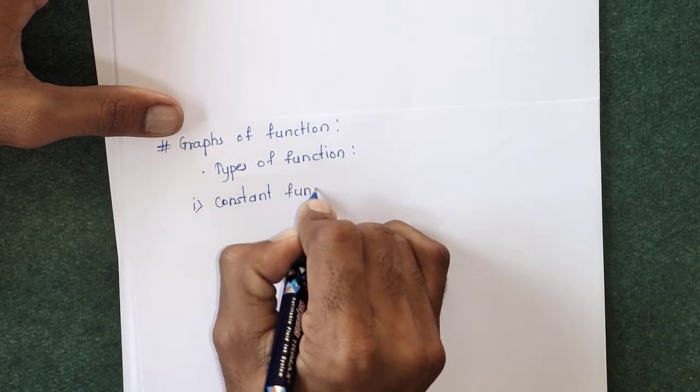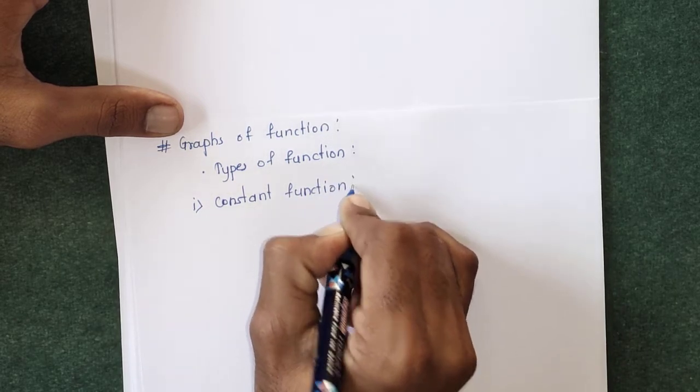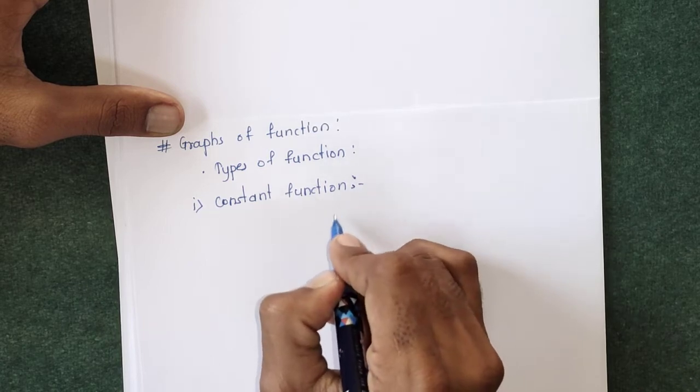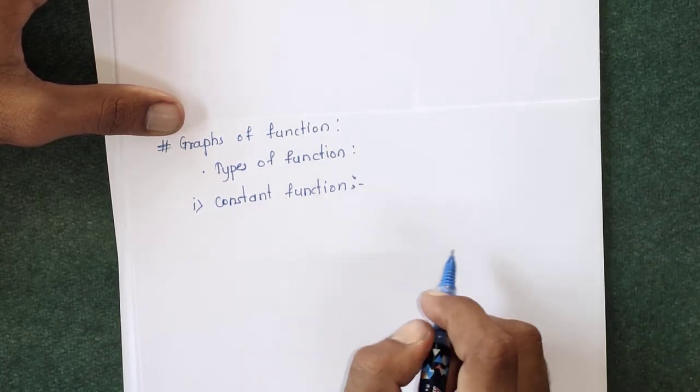Constant function means the image of every element in the domain is equal to some constant.